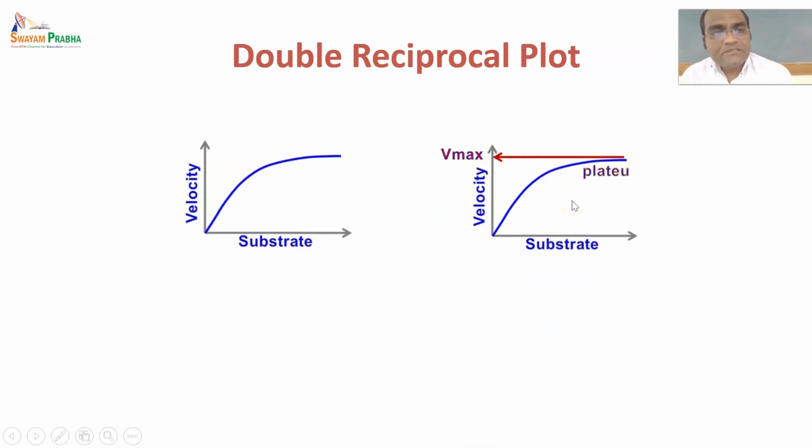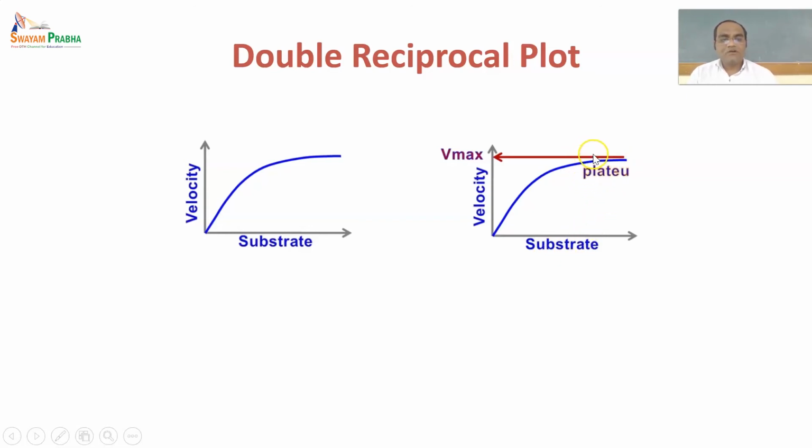Now the problem with this plateau is why it reaches a plateau at all; it is not a direct relationship, because as the concentration of substrate increases, the enzymes are not available for binding of the substrate.